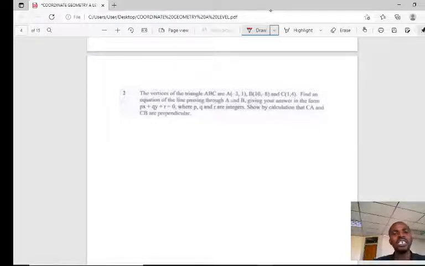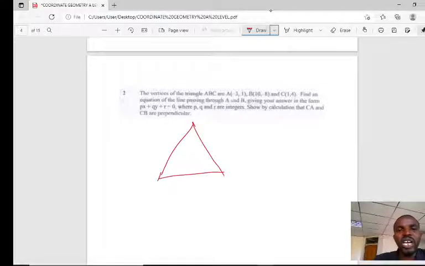Take note of that. Right, so you can first sketch the triangle. We have this triangle like this. This triangle has vertices at point A, minus 3, 1, point B, 10, minus 8, and point C, 1, 4.